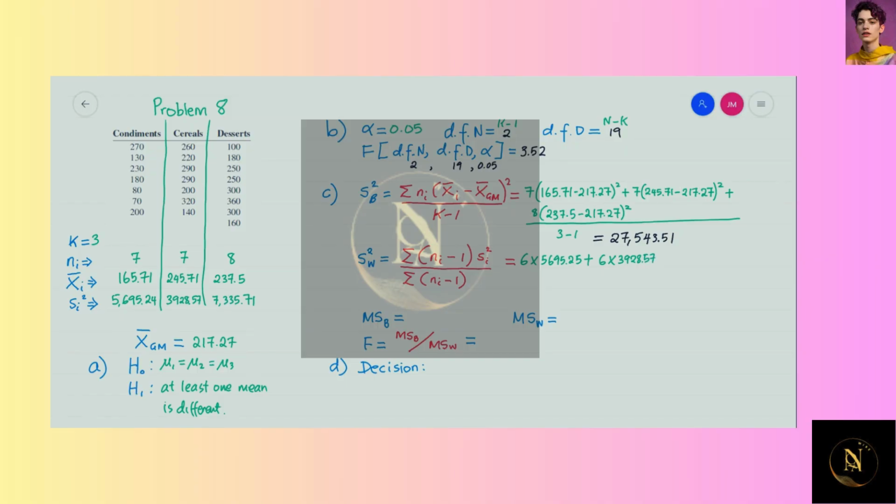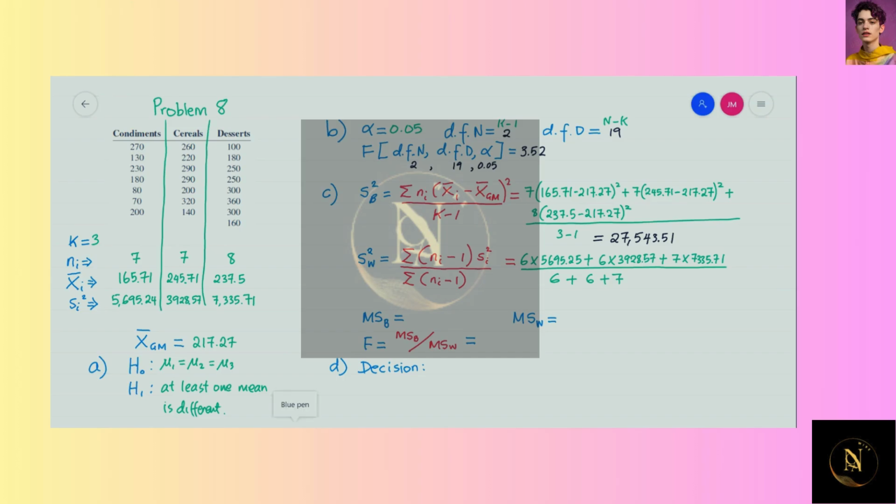Then we also add that to 8 minus 1, which is 7, times 7,335.71. Then all this will be divided by the sum of n minus 1, and that is 6 plus 6 plus 7.